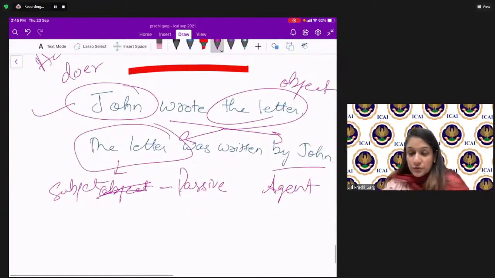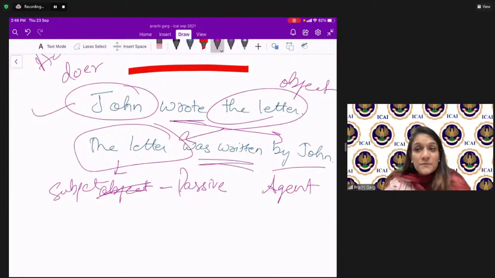So you have understood that the doer becomes the agent and the object becomes the subject from active to passive, right? Now we will be trying to understand what happens to the verbs. Before I start teaching you how verbs change from active to passive, how things will change within the tenses, please look at this by here, which is very important.